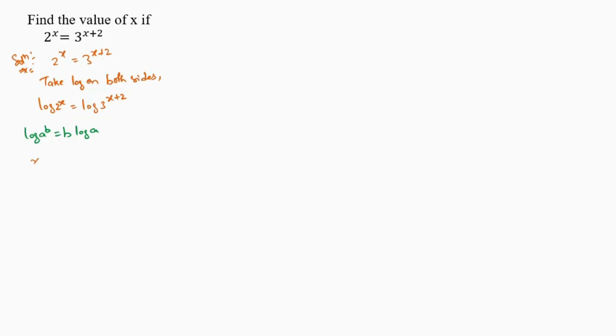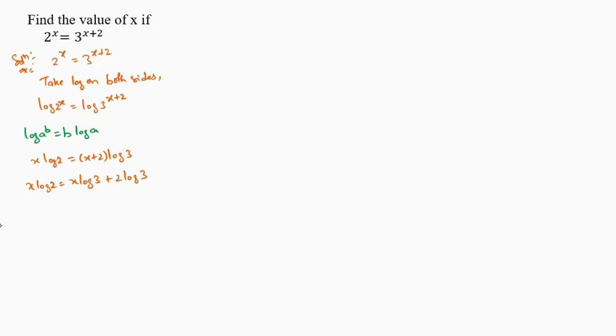So our equation will become x log 2 equals x plus 2 log 3. Now expand the right hand side, we get x log 2 equals x log 3 plus 2 log 3.